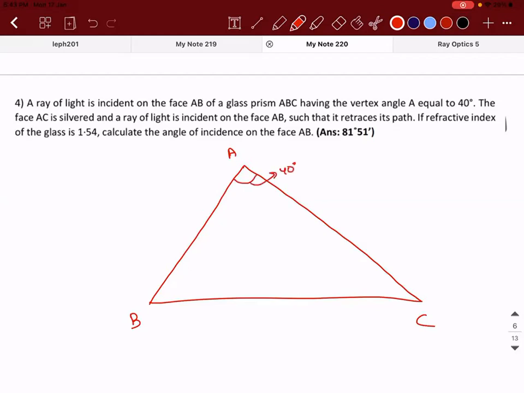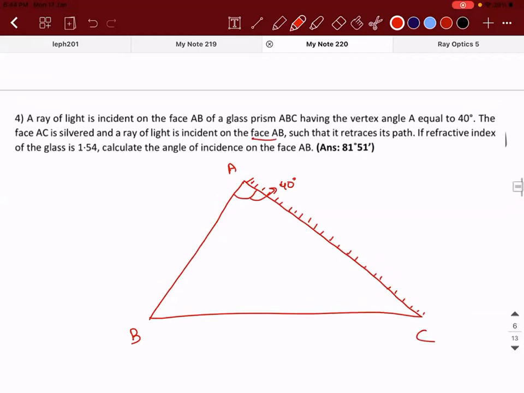So this is 40. The face AC is silvered. And the ray of light is incident on the face AB such that it retraces its path.